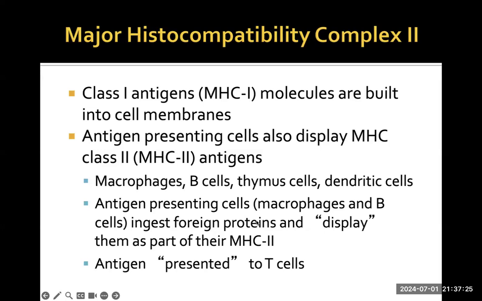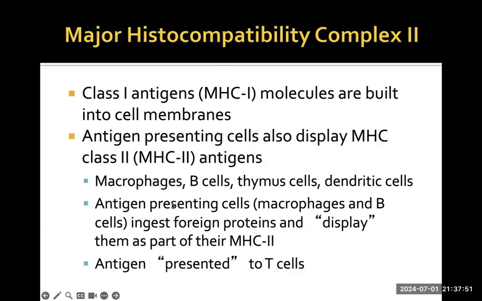Okay, so that takes us to the major histocompatibility complex 2. So class 1 antigens or MHC1 are going to be molecules that are built into cell membranes. Here you're going to then have the antigen presenting cells that also display MHC2 antigens. And those are going to be like the macrophages, the B cells, the thymus cells, and then the dendritic cells.